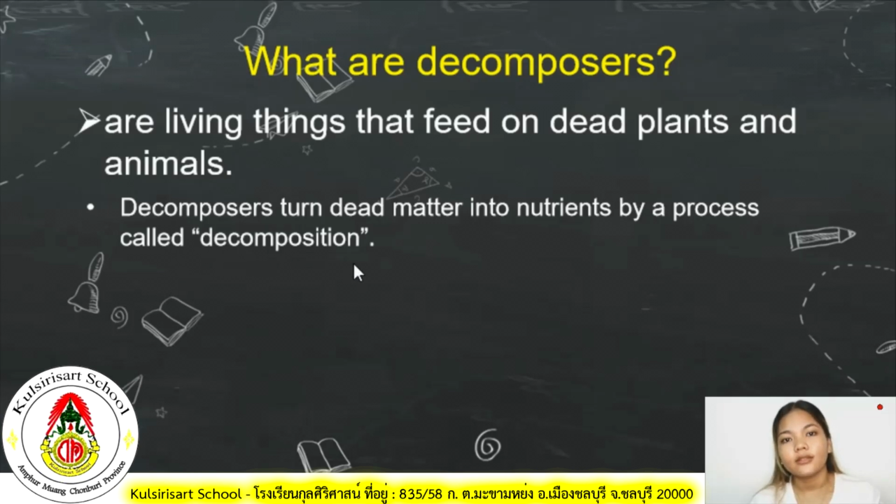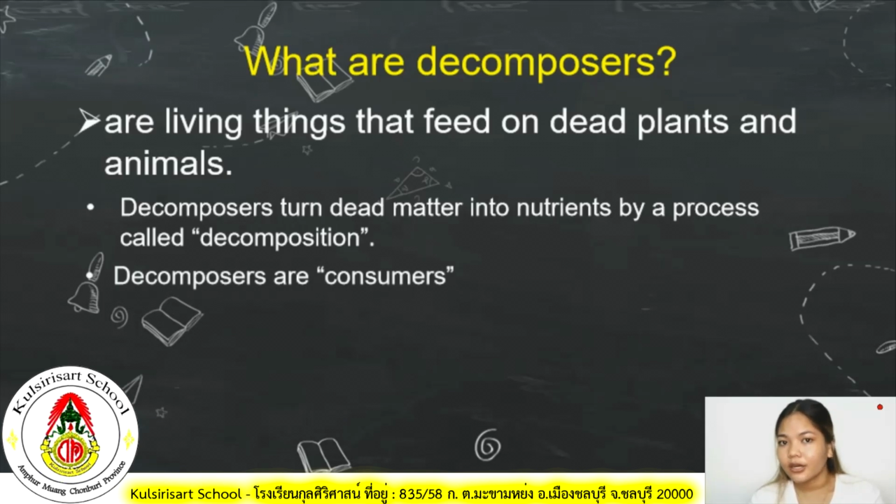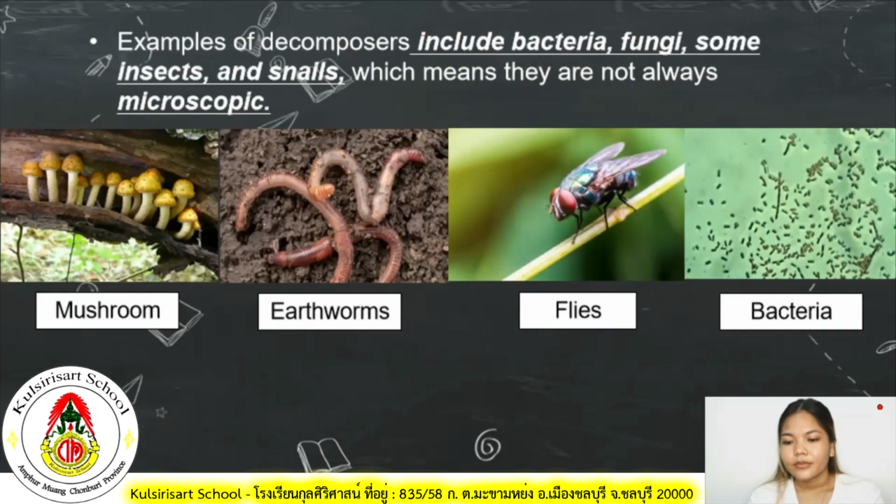It is the process wherein decomposer turns dead matter into nutrients. Now, decomposers are also consumers. Why? Now, we have here the different examples of decomposers. This includes the bacteria, fungi, some insects, and snails, which means they are not always microscopic.